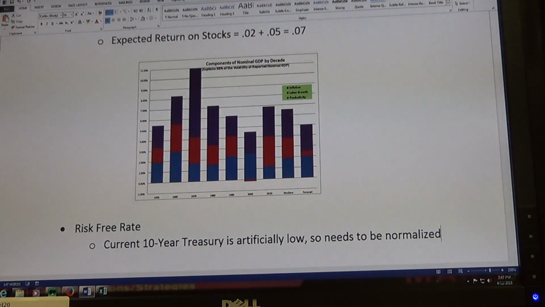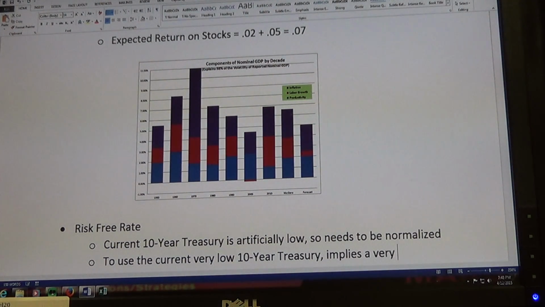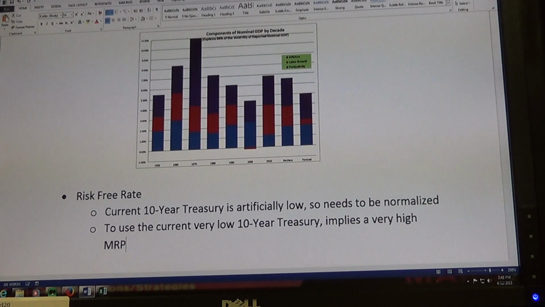If you're using my numbers, whatever numbers you're using, it must add up to what you think the expected return on stocks is. The argument I'll make for my approach is if you use the current very low 10-year treasury, that implies a very high market risk premium, but I do not see evidence for that.